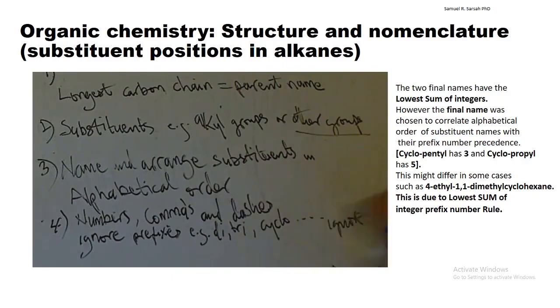There are other ways of naming things, but these are just basic ways that can help you get at least most of the names in organic chemistry. And this naming, as I said, goes for alkanes. However, if you do alkenes and alkynes and other functional groups, you will see that this also comes into play, following basically the same order.